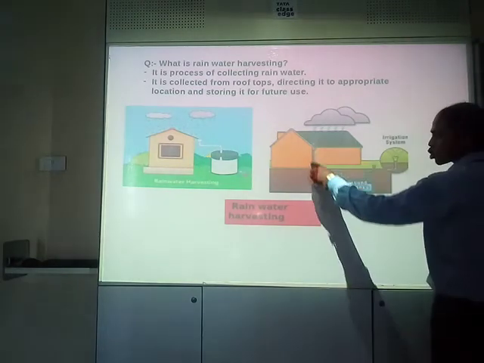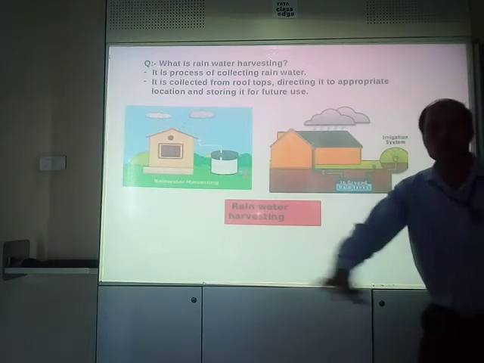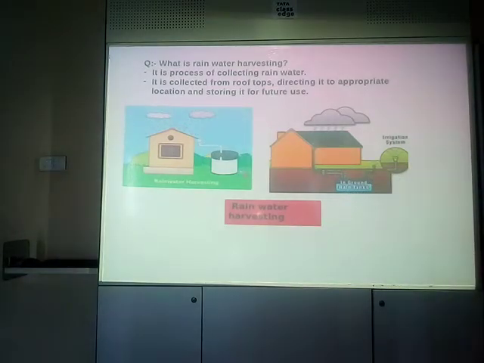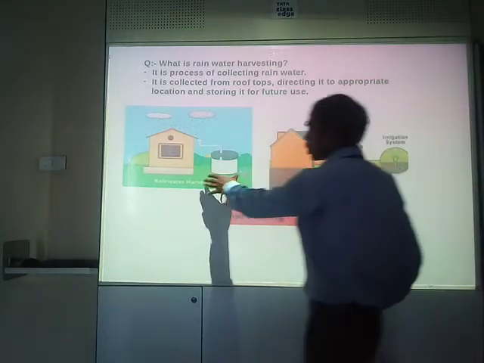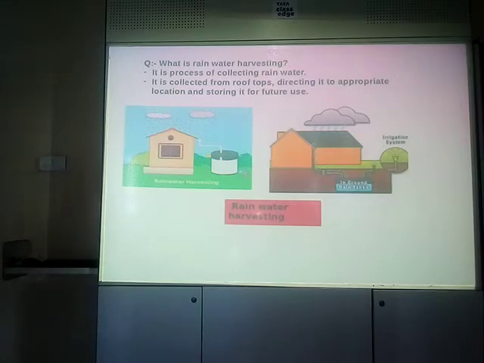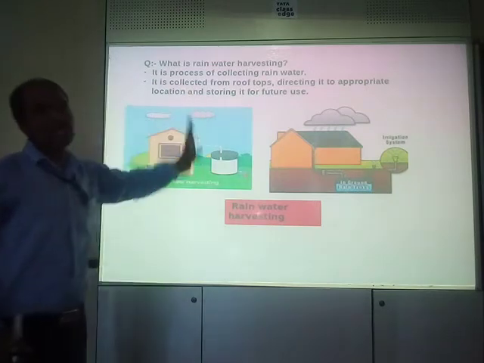Sometimes it is stored inside the soil also, inside the ground, by making a ditch, by making a pit. So these are two beautiful pictures of how you can harvest or collect rainwater.